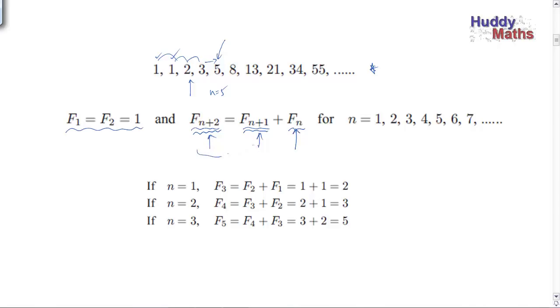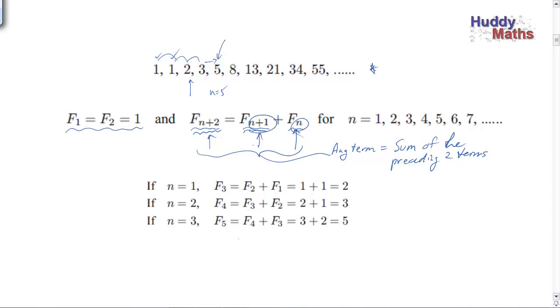So we would read this as any term, and we're calling it the n plus 2th term, is the sum of the preceding 2 terms. So get your head around that. That's important. This is the idea of recursion formulae. Okay, just remember this notation. Those terms.